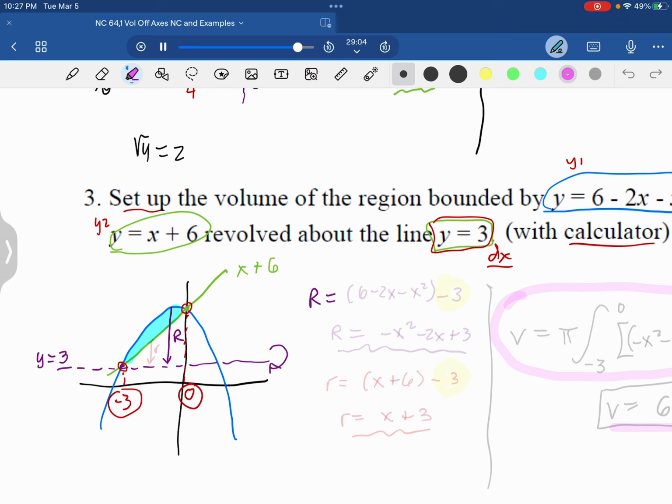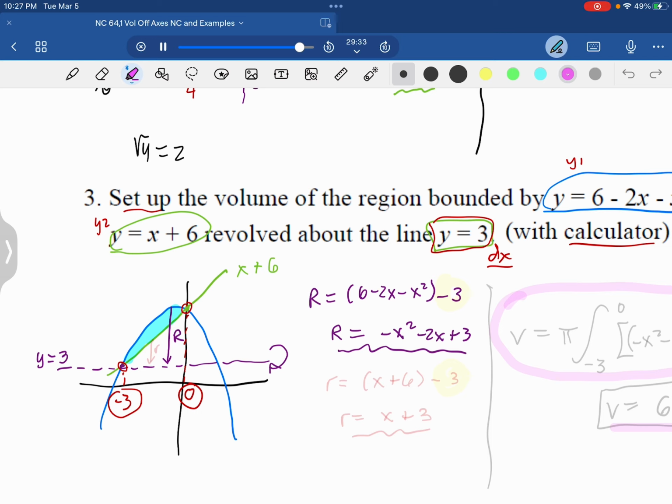So my big R is going to be the parabola, 6 minus 2x minus x squared first, because it's on top, minus the axis, which is 3 second. If we simplify and combine like terms, we could reorder that as negative x squared minus 2x plus 3, in standard form.